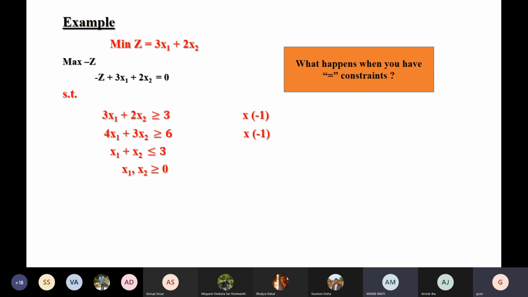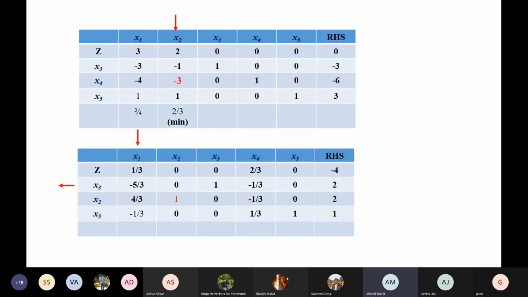Yes, sir. After that, all the RHS values will become feasible, and the first row will be all non-negative, as per my calculation. So is it matching with these tables? You see, what is the first table? Yeah, it's matching actually.